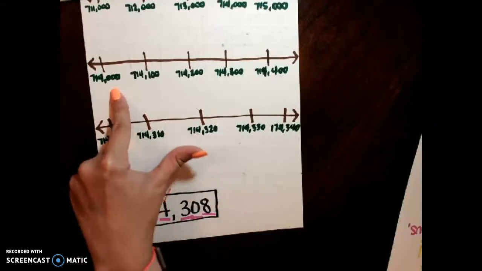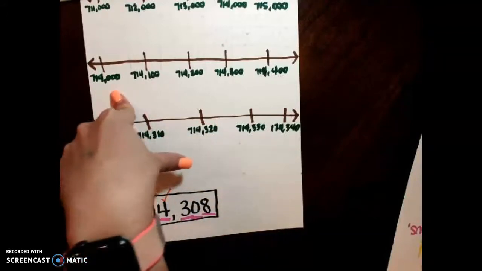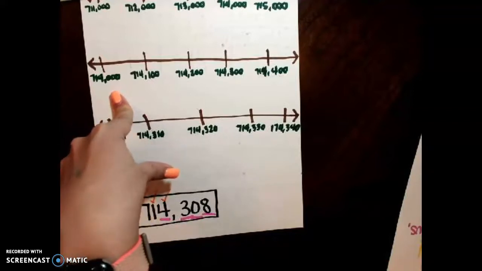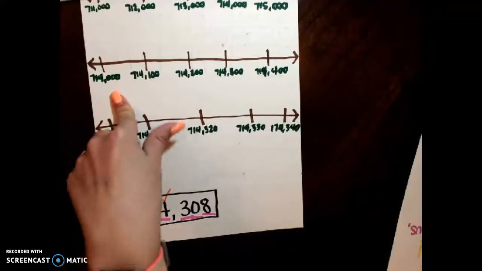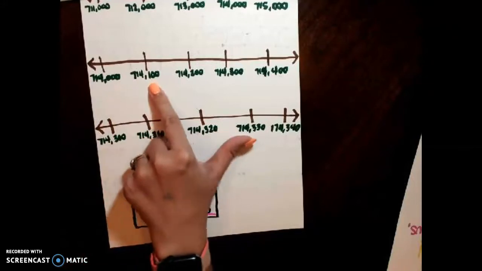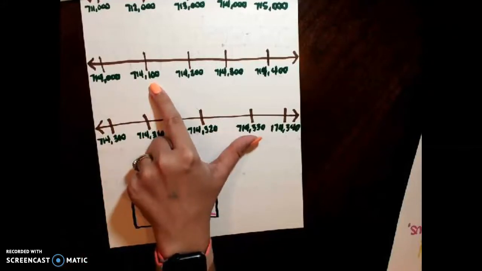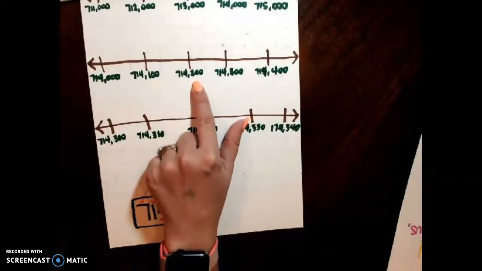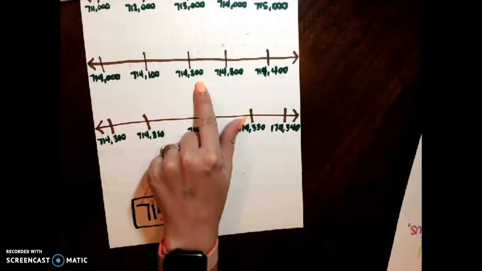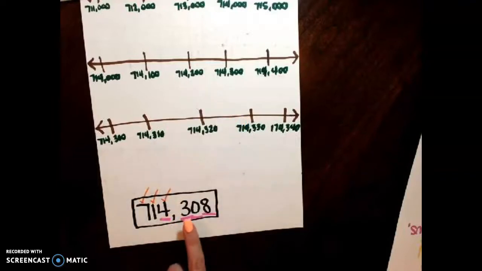So 714,000 is not going to be big enough. 714,100 is still not big enough. 714,200 is getting closer, but remember we have a 3 and I've got to go over 300 because there's an 8 here.